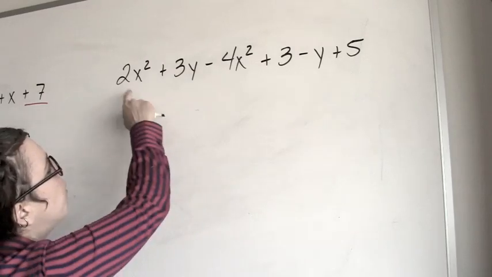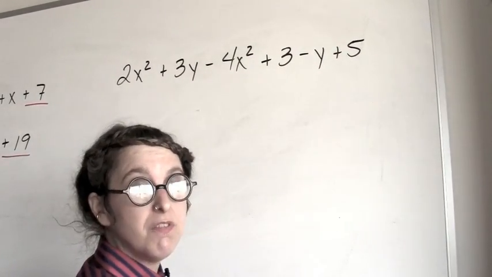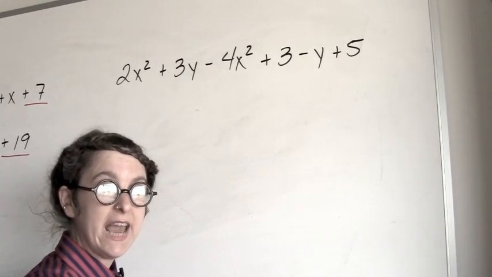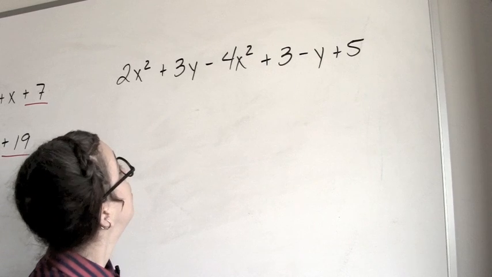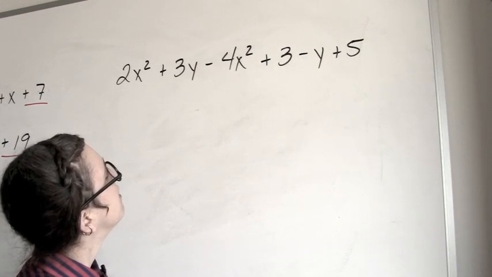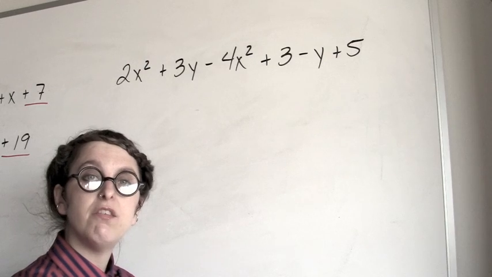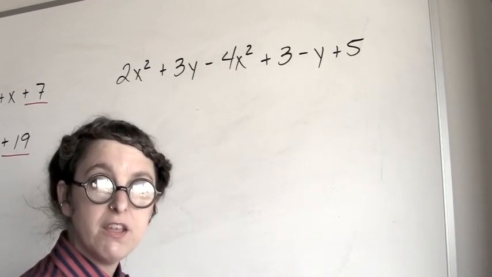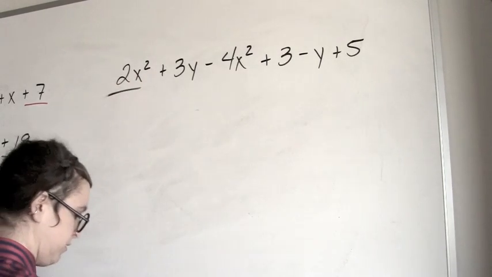There are 1, 2, 3, 4, 5, 6 terms on this expression. And we're going to make this thing as small as we can by combining the like terms that we can combine. So, looks to me like we have 3 different kinds of like terms. First off, we've got a couple of things with x squareds on them. Here, I'm going to make that a color.